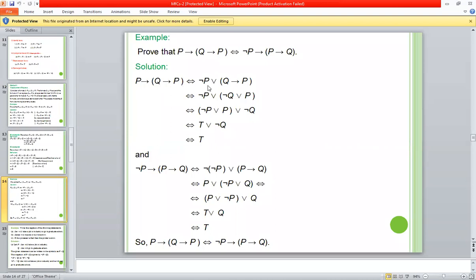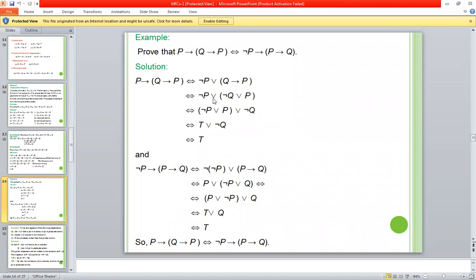So this is equivalent to negation P or Q. In place of Q, we have Q implication P. Here also we apply negation Q or P. So here we are applying the associative law.